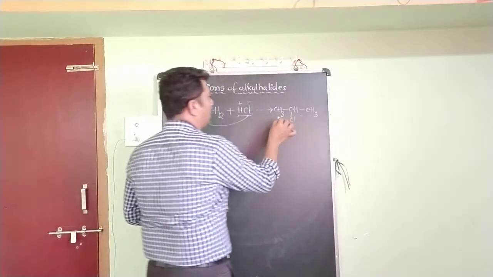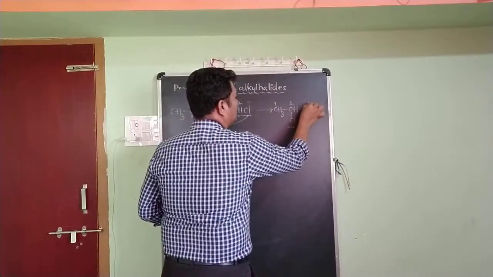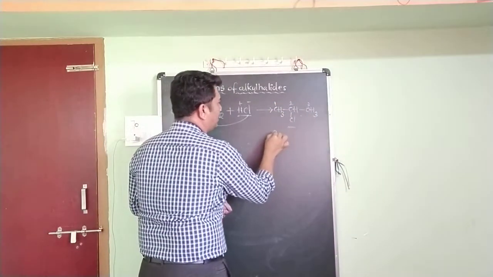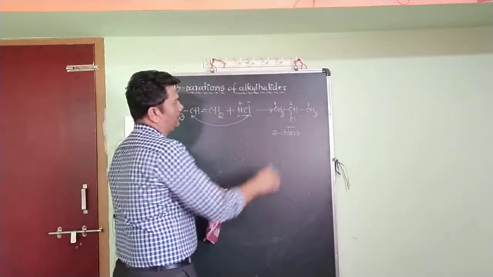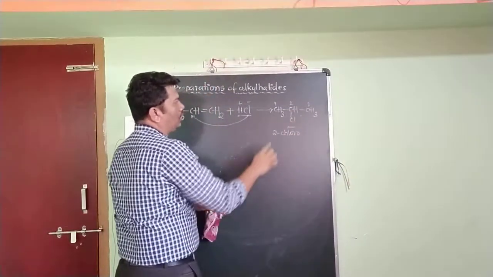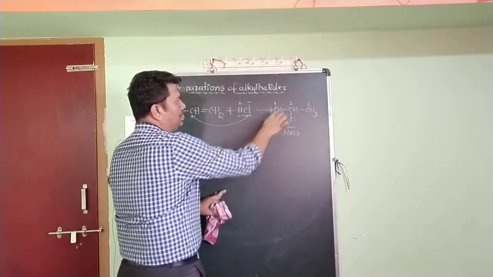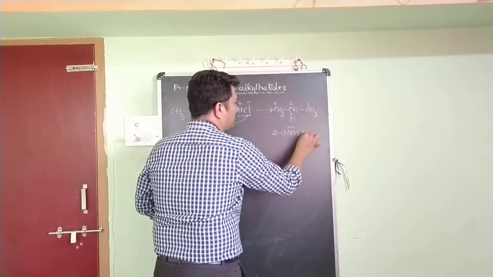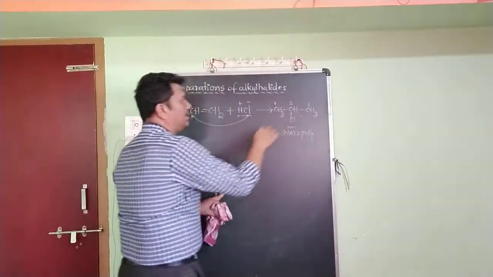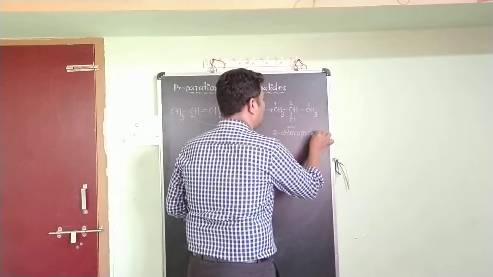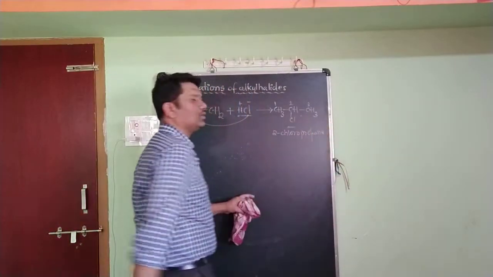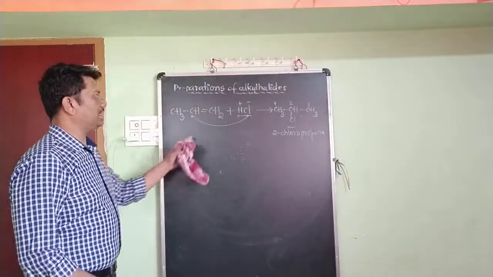So the name of the alkyl halide is 1, 2, 3. The second carbon has the 2-chloro. And all single bonds are there. 3 carbon atoms means it is prop, and single bond means it is alkane. Therefore, it is 2-chloropropane. This is one example I have taken.